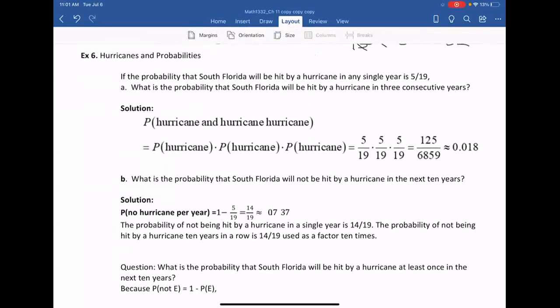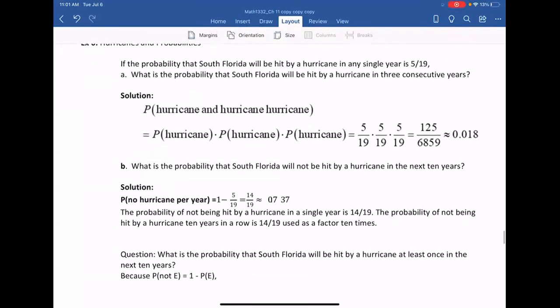Hurricanes and probabilities. The probability that South Florida will be hit by a hurricane in a single year is 5 over 19. The question is, what's the probability that South Florida will be hit by a hurricane in 3 consecutive years?